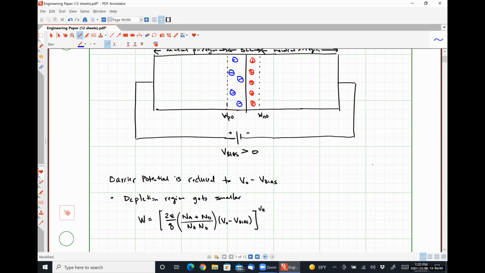Mathematically, that means we're taking the square root of a negative number. So do we get an imaginary width? No. We get a burnt out PN junction, right? It's called punch through. Effectively, we've made our depletion region so small that there is nothing to stop diffusion from occurring. So the current that goes through it is astronomically high.